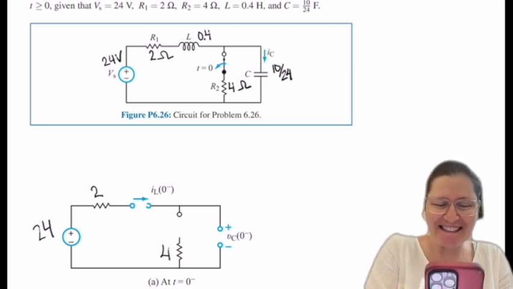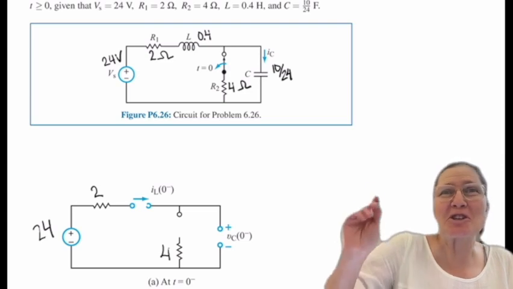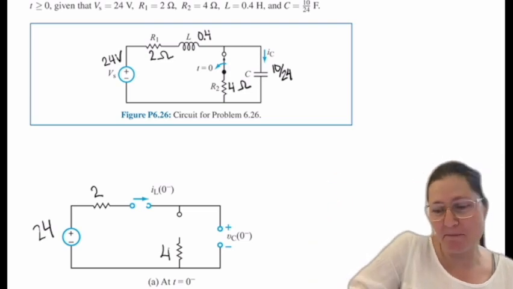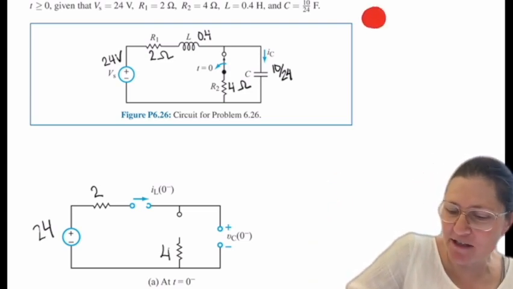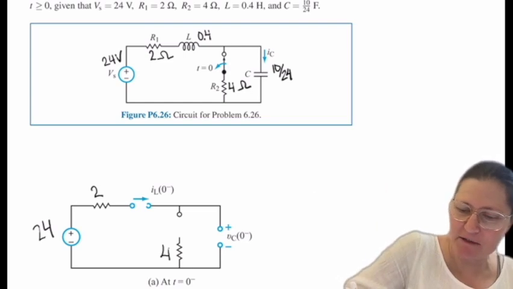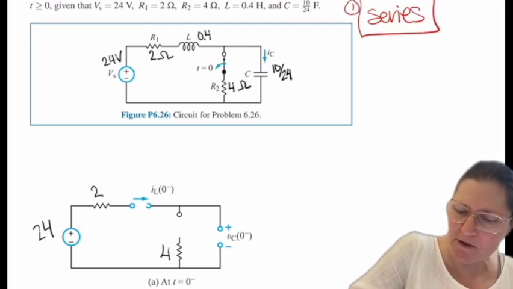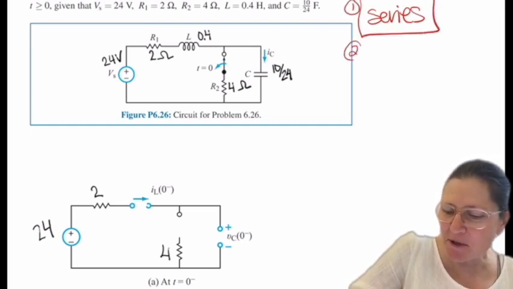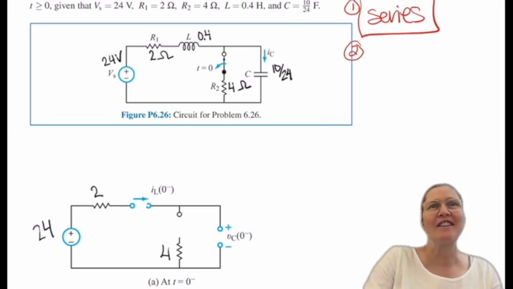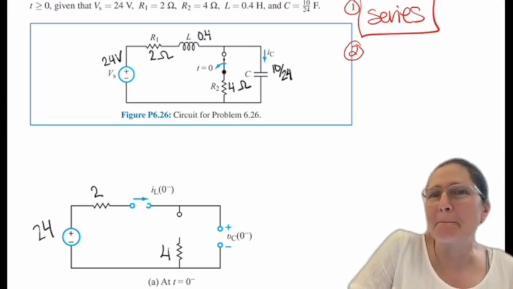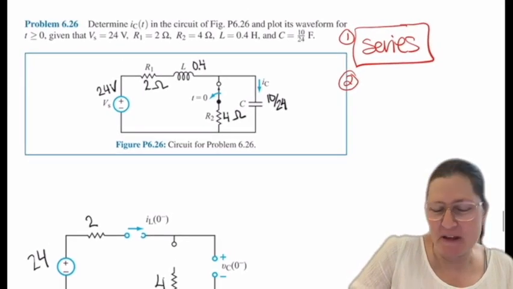That's right. Okay, so let's determine series or parallel. So first step is series or parallel, and it is series. So good job finding it in series. Second step is to determine alpha and omega.